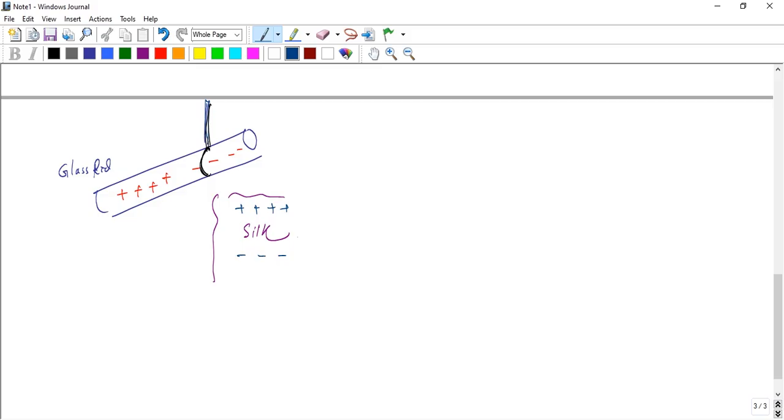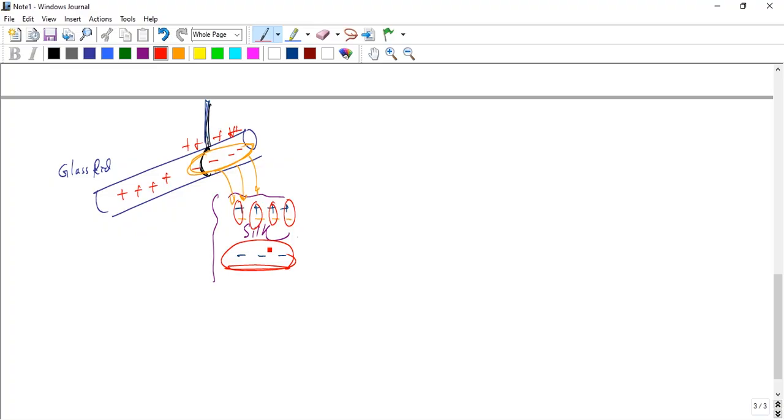After rubbing, the glass rod loses electrons. These electrons are lost from the glass rod and go to the silk. The silk gains electrons, minus. And the glass rod, having lost electrons, gets a plus charge. So the silk gets only minus.